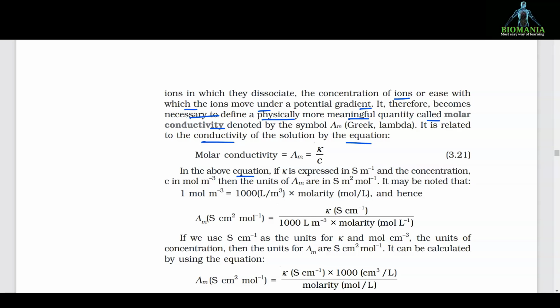Then the units of lambda are S m² mol^-1. It may be noted that 1 mol m^-3 is equal to 1000 liter per meter cube multiplied by molarity, and hence it has this formula.